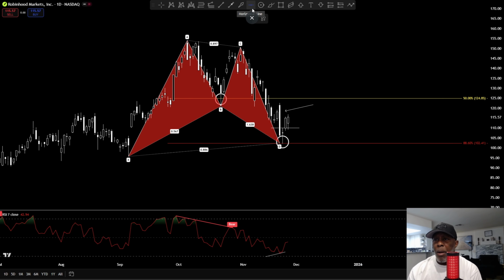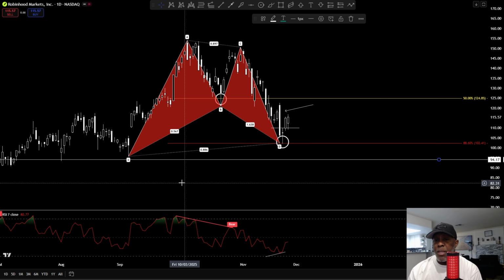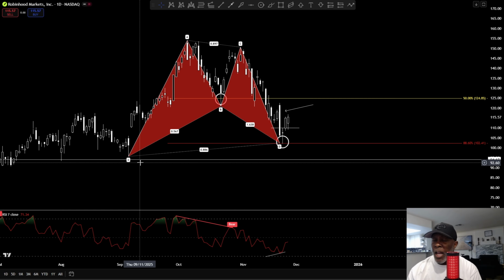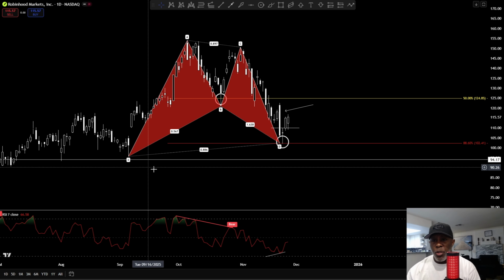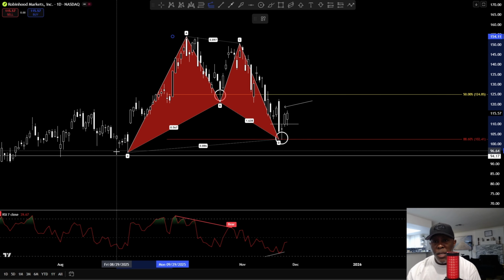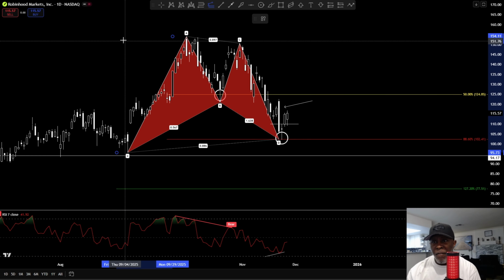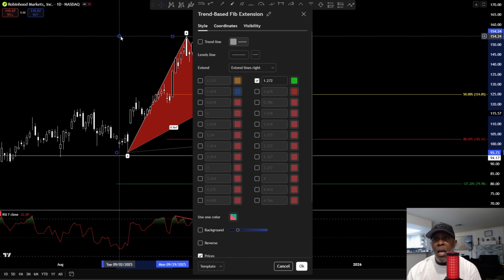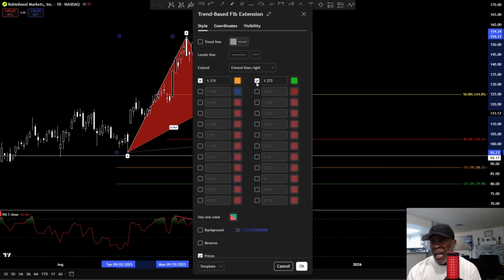I don't know if I talk about this too often anymore, but stops, I used to consider stops under the X. That's the way, and I've even taught this in the bat pattern class. Stops below X, or using ATR-based stops, or using maybe like a 113 inversion. We teach all of those things in the stops and target class.